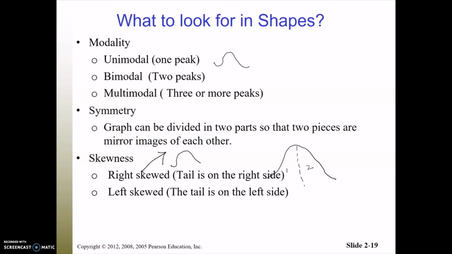This is the tail of the distribution. And if the tail happens to be on the left side, like this, then this is called a left skewed distribution. So you need to see skewness, which means which side is the tail. If the tail is on the right side, it's a right skewed distribution. If the tail is on the left side, it's a left skewed distribution.